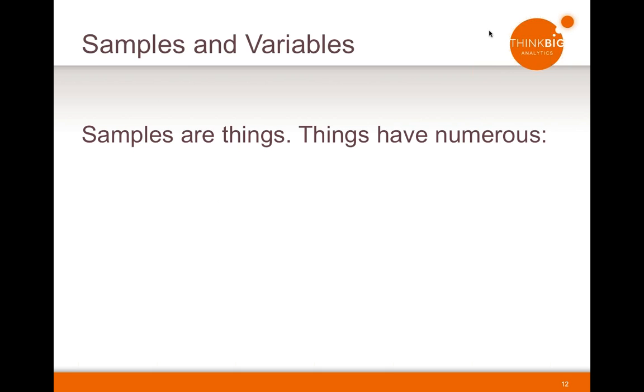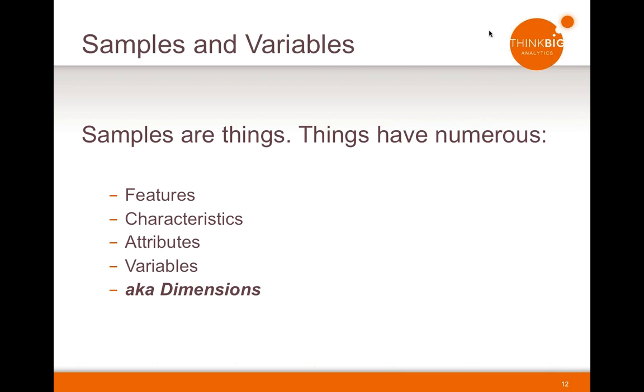Samples are basically things. Items, objects, people. Things have numerous features, characteristics, attributes, variables, also known as dimensions. So when we talk about things and their variables, their attributes, we're talking about dimensions of those items, those objects.